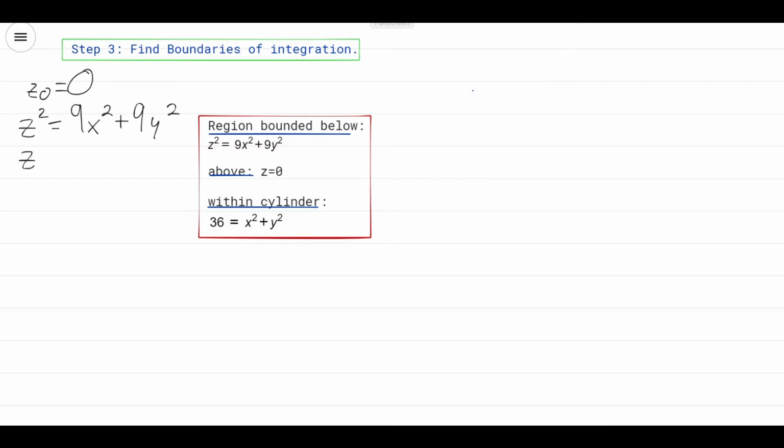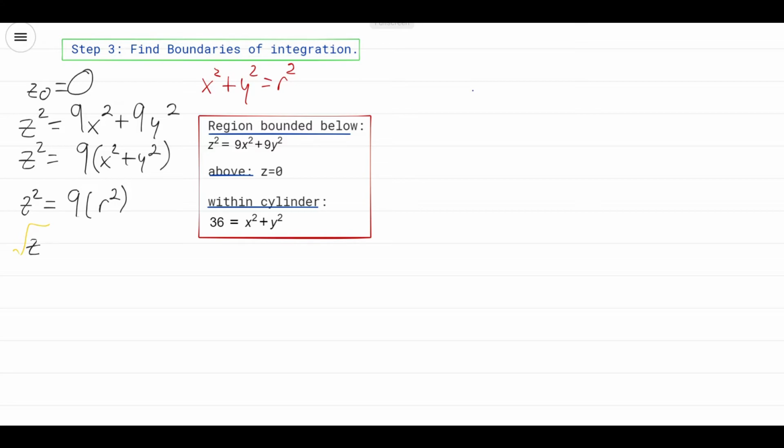We can factor out the 9 and we're left with x squared plus y squared. From our cylindrical coordinate conversions, we know x squared plus y squared is equal to r squared. So we know z squared is equal to 9r squared.